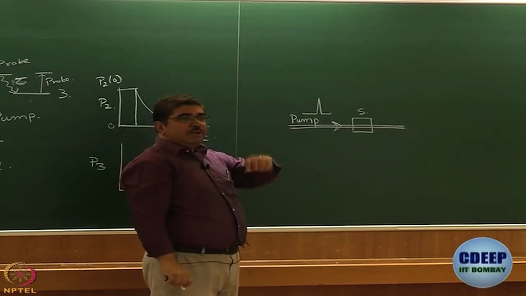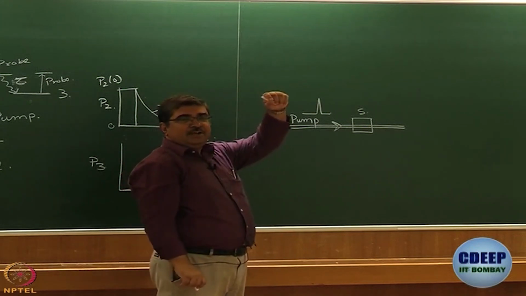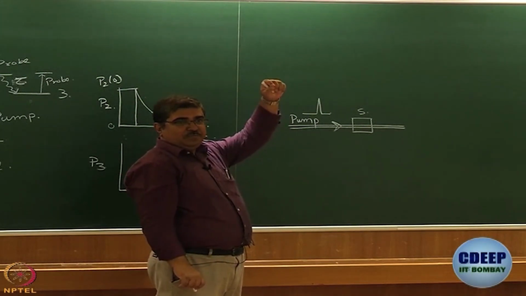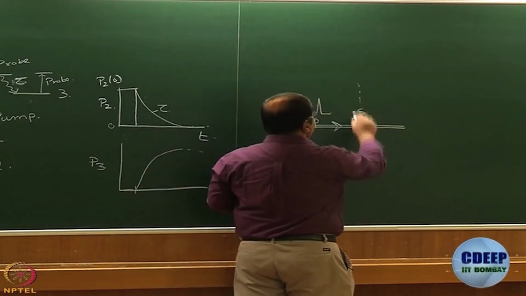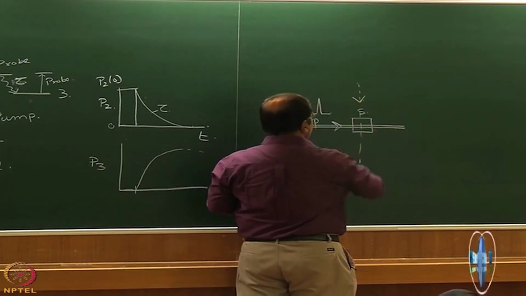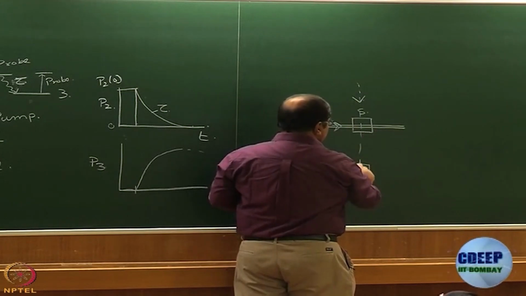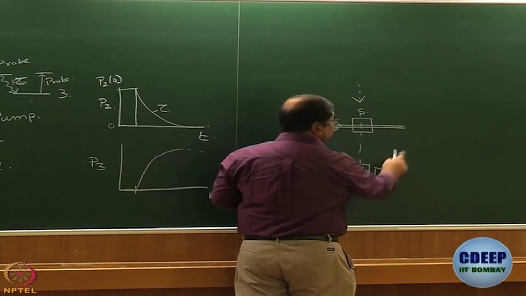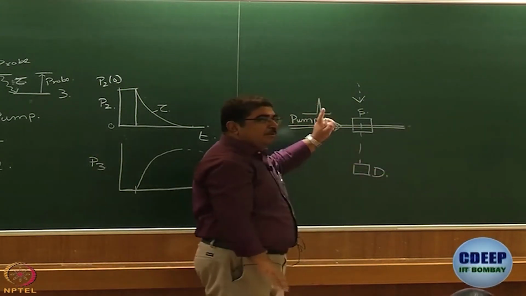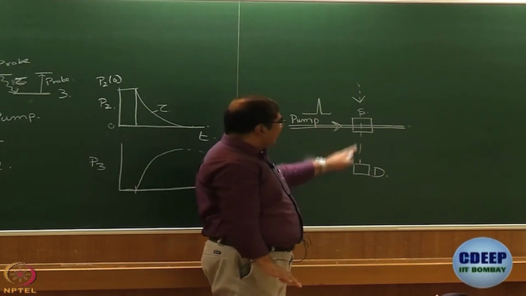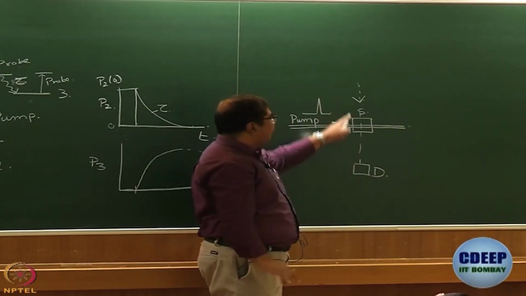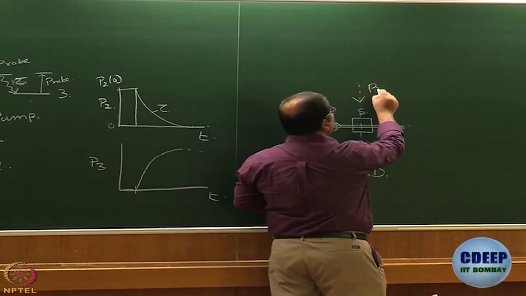What does it do? It creates a population of level 2. Then let us say I use another much less intense beam and I put a detector here, not here. This is the only thing that we need to understand here. I am monitoring the intensity of this probe beam, not the pump beam.